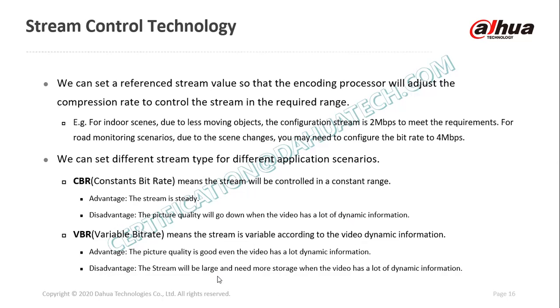The disadvantage is that the stream will be large and need more storage if the video has a lot of dynamic information. The stream will be changing. At times there is a peak when the stream is high, at times the stream will become low in VBR, while in CBR you are maintaining a constant stream.